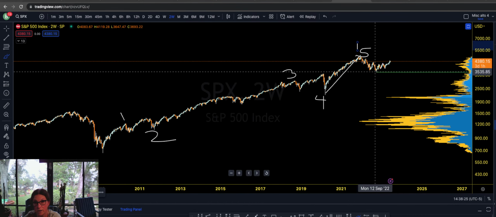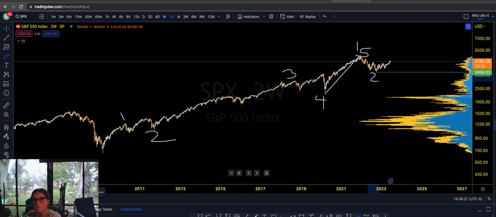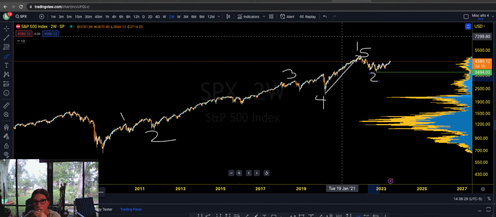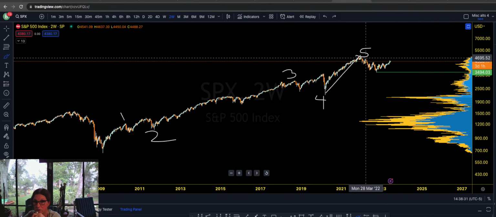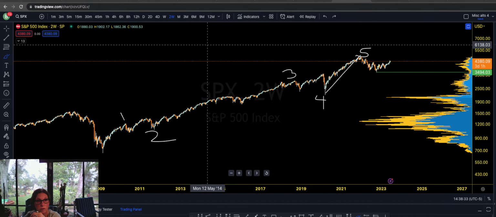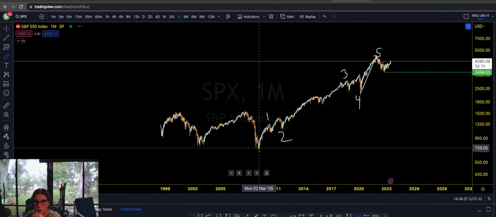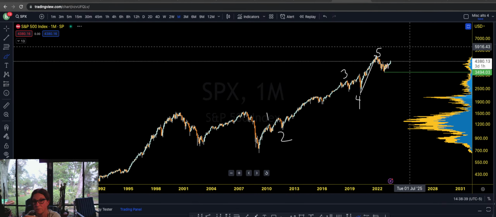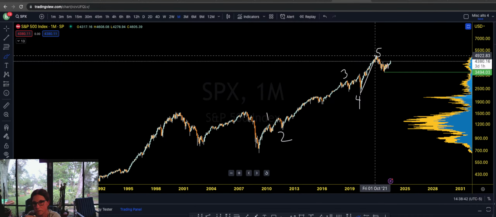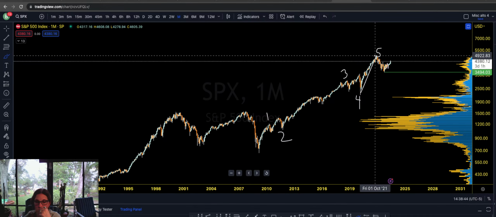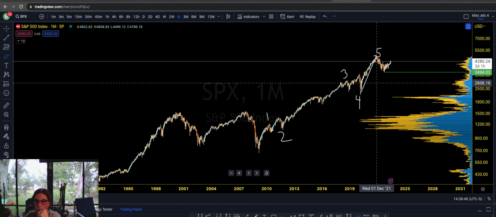Whether it's a 1 and a 2 of a big giant fifth wave, or the fifth is in. Okay. And then the only other thing we can revert back to is maybe we plan to get a bigger fifth, but guys, look how big it is. I mean, I don't know.